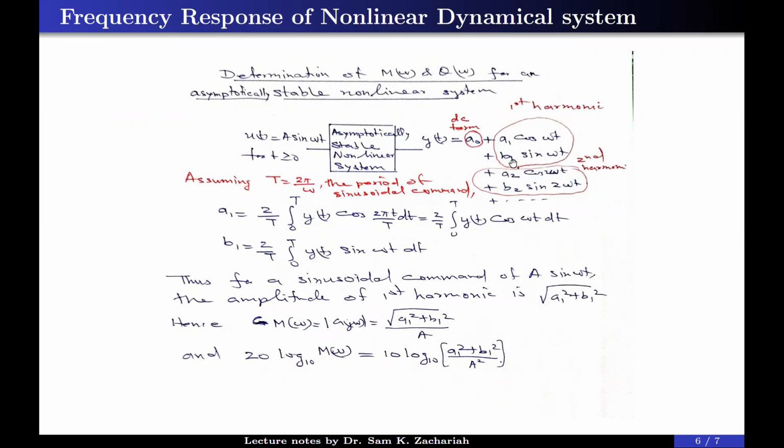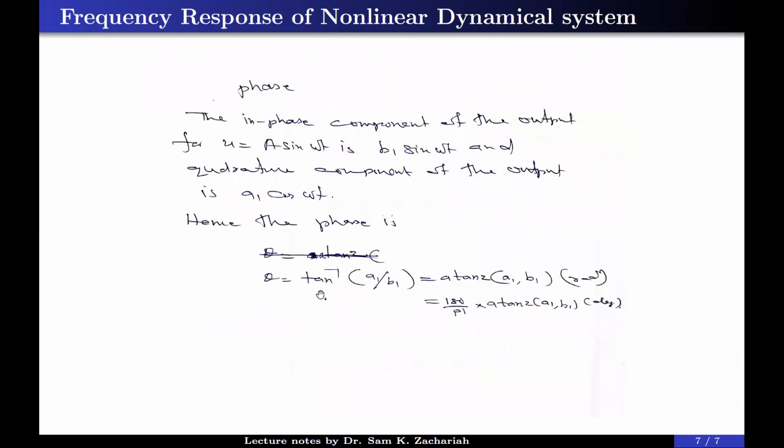So the argument is normally tan inverse of quadrature component by in-phase component, that is tan inverse of A1 by B1. That's what I have written here. Theta is equal to tan inverse of A1 by B1, and we have to get the four-quadrant tan inverse. In MATLAB, there is a function called atan2, where you can define atan2 of quadrature component A1 comma B1. That is in radian. So multiplying by 180 by pi, you will get it in degrees.